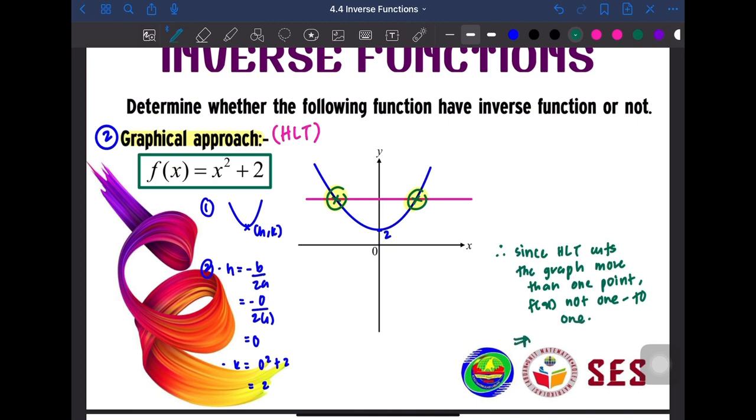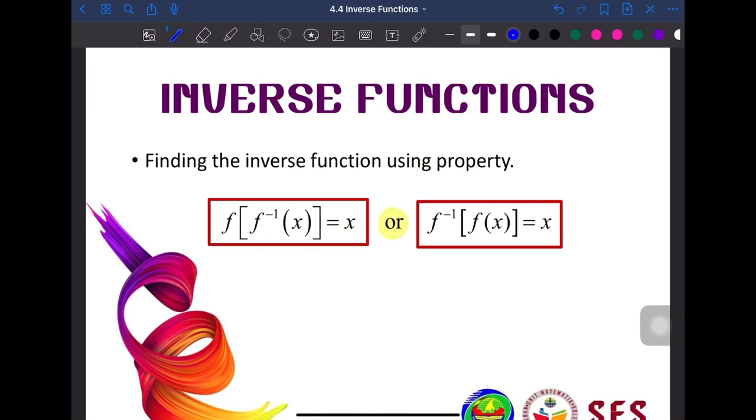So, kalau fx bukan 1 to 1, automatik kita tahu fx do not have inverse. Okay, so that is how you check whether function kita 1 to 1 ataupun tidak. Okay, settle first part. Okay, so tadi kita dah belajar macam mana nak identify whether a function ada inverse ataupun tak. So sekarang kita nak belajar pula macam mana nak cari the inverse function.